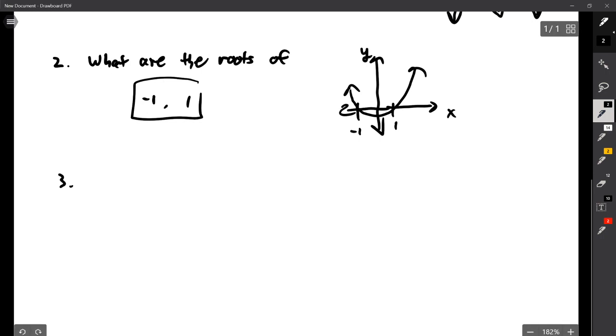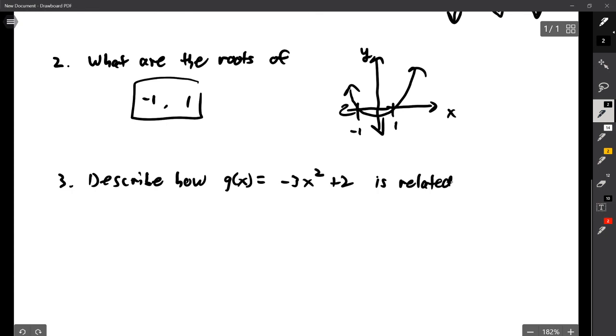Moving on. Number 3 here. Let's describe how g of x equals -3x squared plus 2 is related to f of x equals x squared.